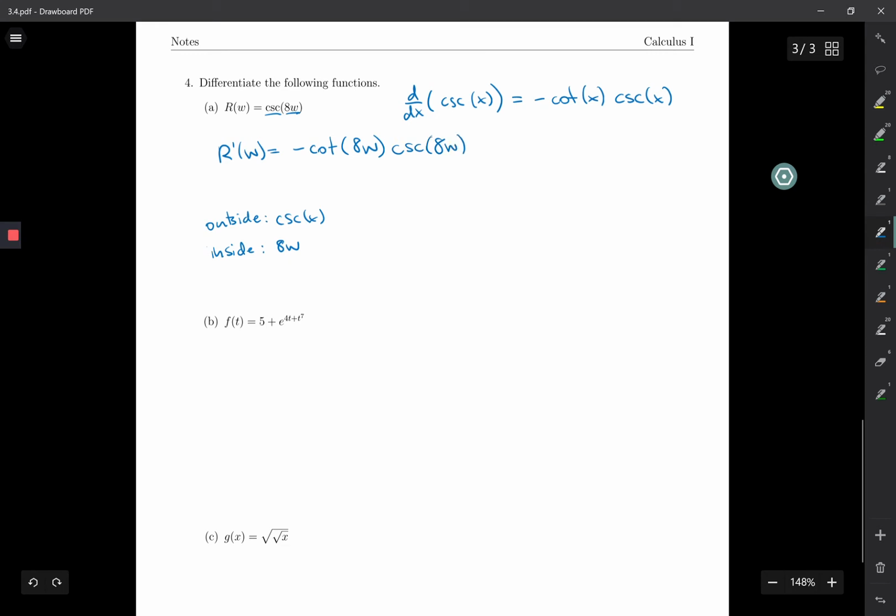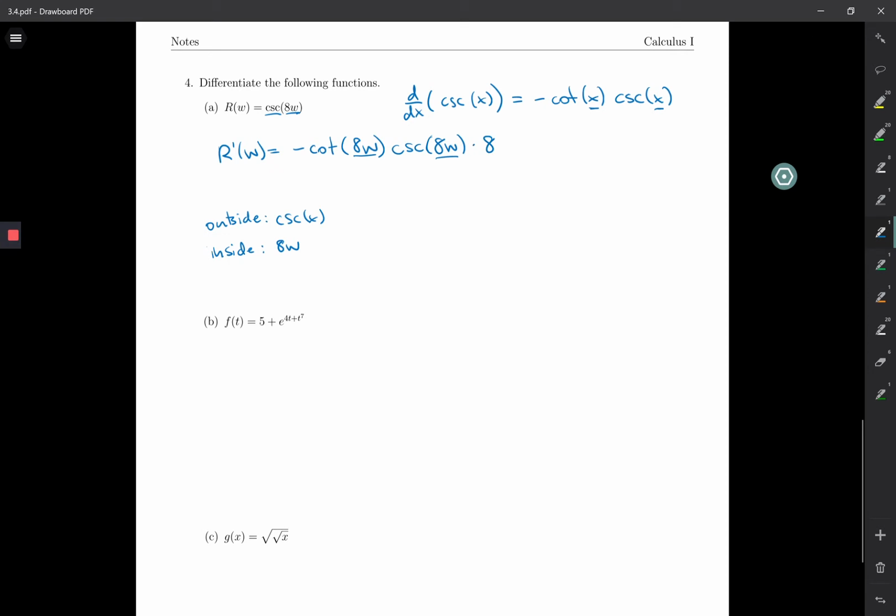So notice that wherever there appeared an x in my derivative of cosecant x, I replace that with 8w, in those two spots. Okay, now we multiply that by the derivative of 8w, which is just 8, right?